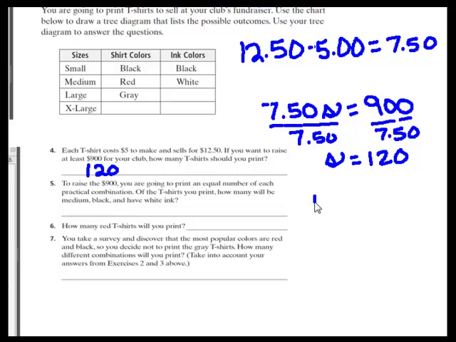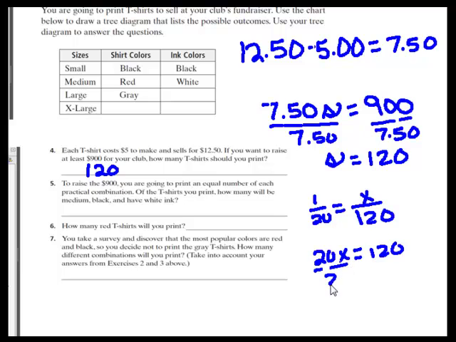So we would have to solve for x. When we do the cross multiplying, we end up with 20x equals 120. We divide both sides by 20, in which case we find out that we need to have 6 shirts that are medium black and have white ink.